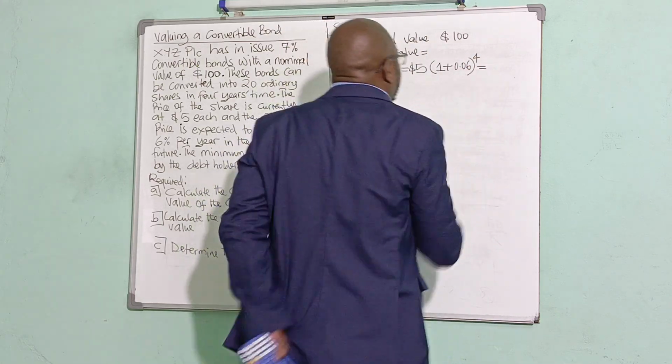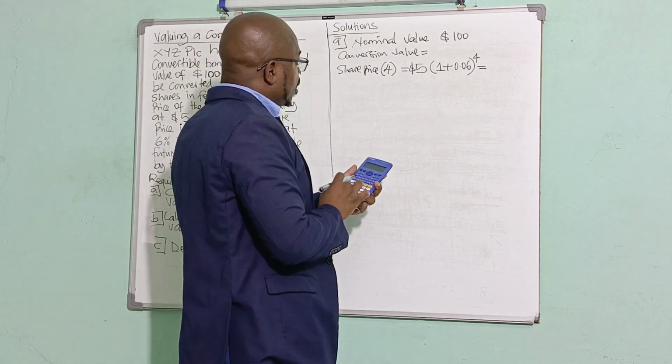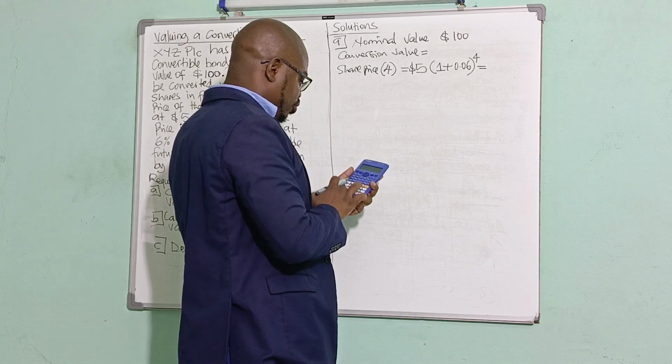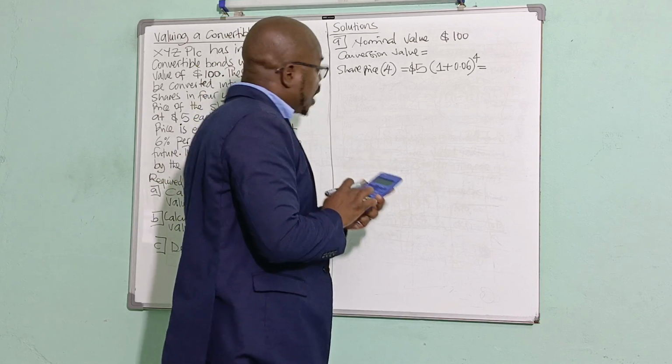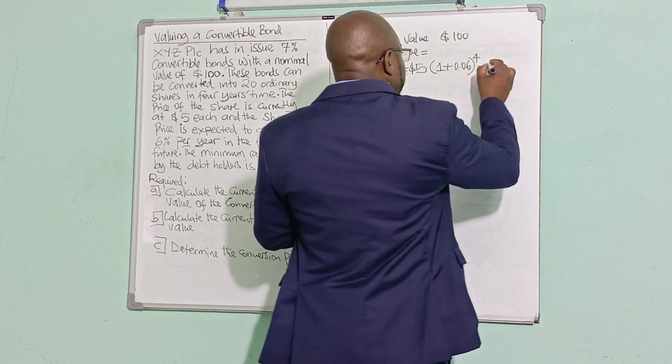So I have to have the share price here. The share price is 5 multiplied by (1 + 0.06) raised to the power 4, and then I have 6.31.